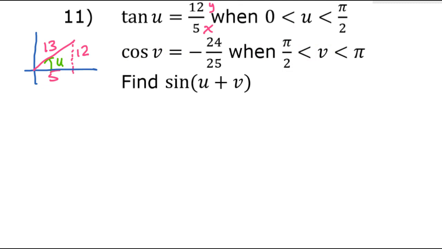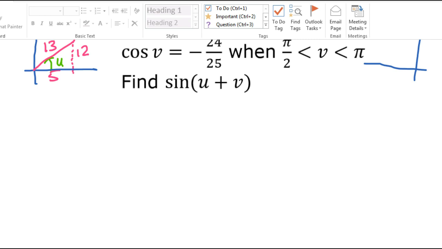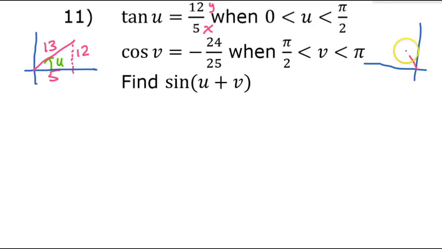All right, now angle V is between pi over 2 and pi. That is in the second quadrant. So let's do a sketch of that. Cosine is x over r. So x is negative 24 and r is 25.